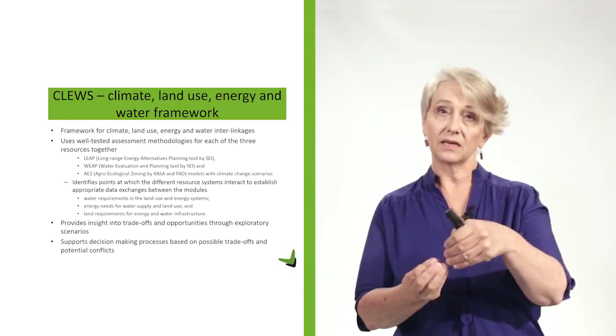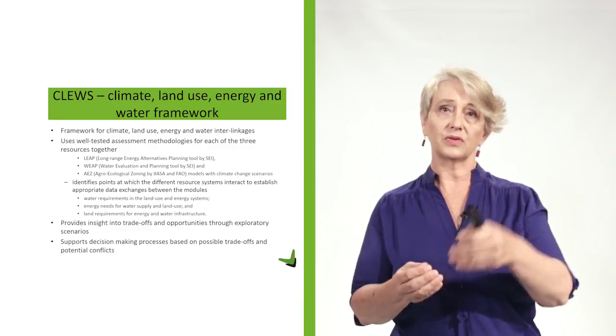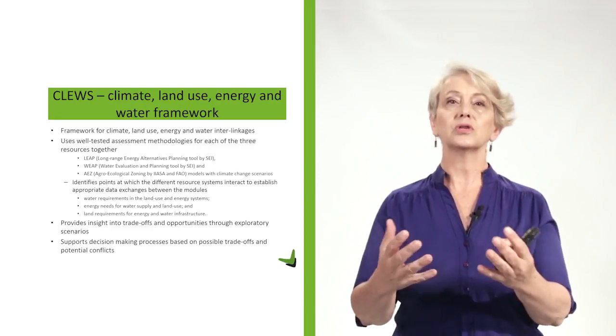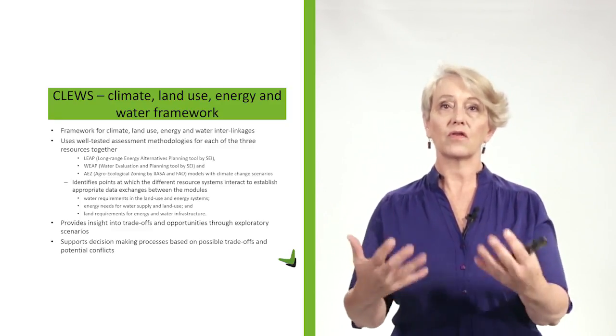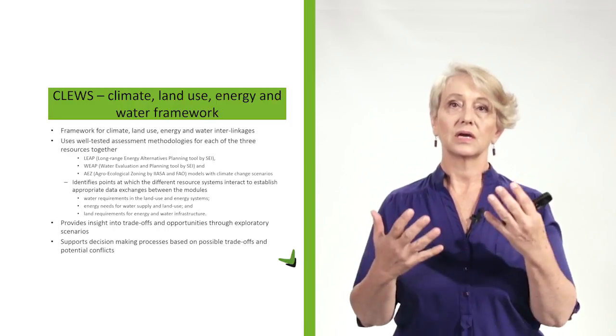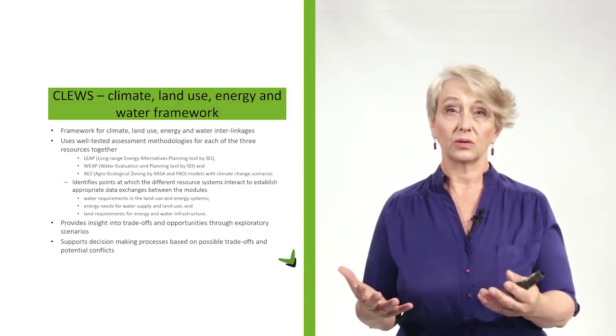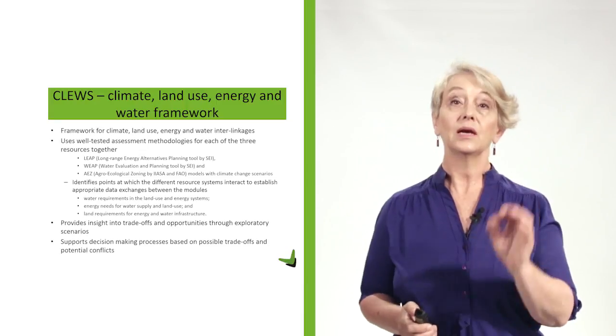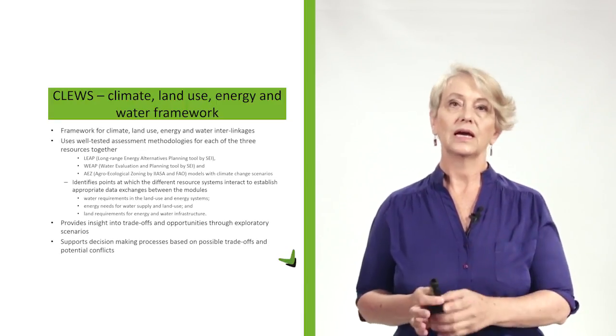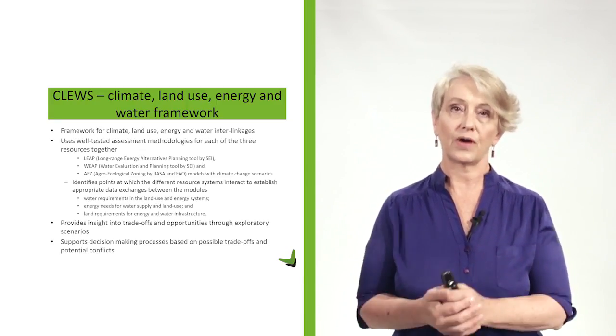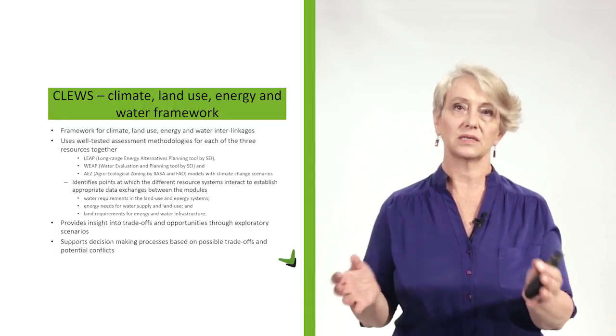Where do we need data from one model to intersect with data from another model in order to give an integrated output from the modeling around land, energy and water, but also critically bringing in the question of climate. And that is what is known as the CLEWS framework.